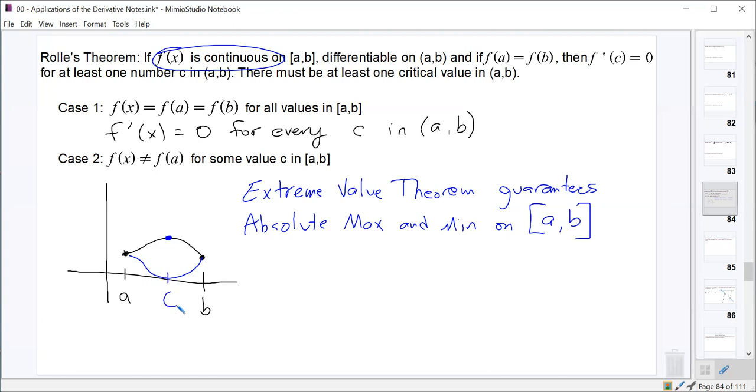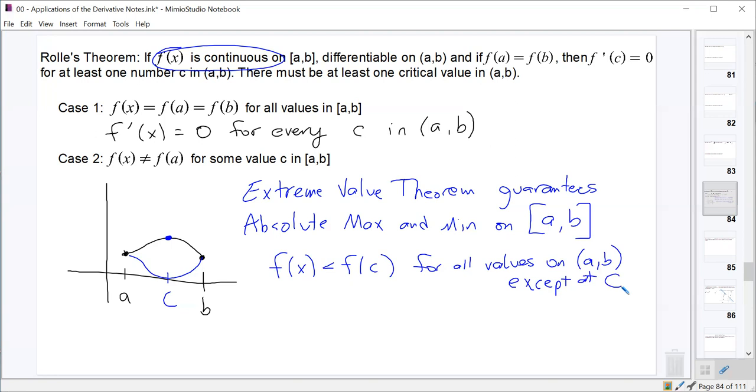For our first case, where we've got up to a maximum, we know that f of x is going to be less than f of c for all of the values on a to b, except at c. And so that pretty much guarantees that we've got that absolute maximum there.